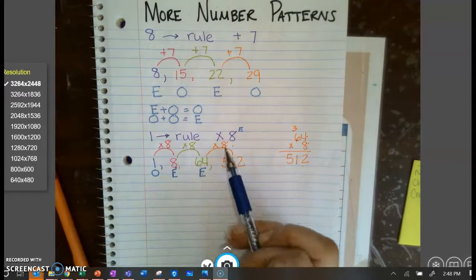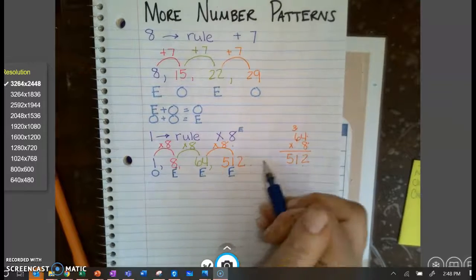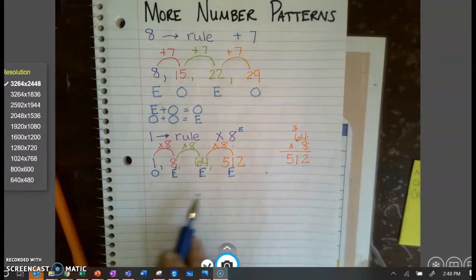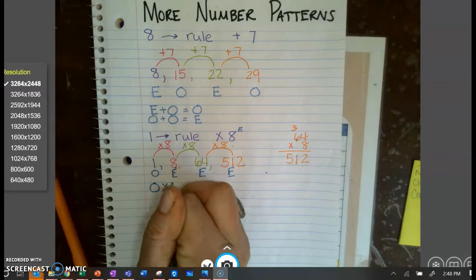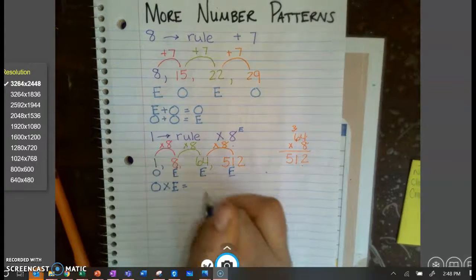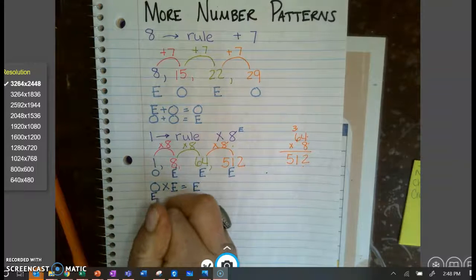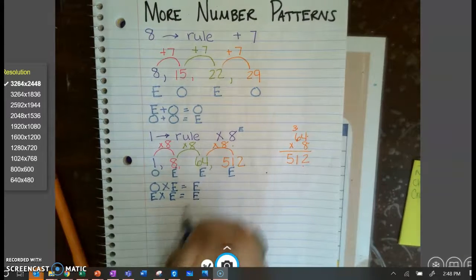And we have even and even and even again. So I can guess that my next number is going to be even as well. So from here, I've noticed that an odd number times an even number equals an even number, and an even number times an even number equals an even number. All right.